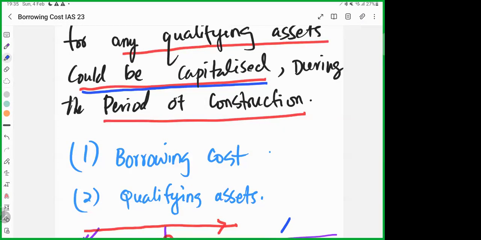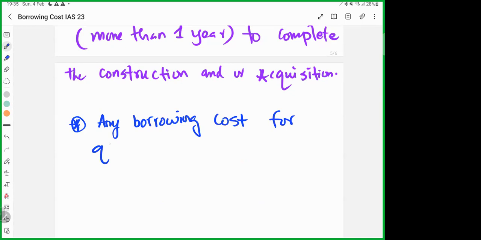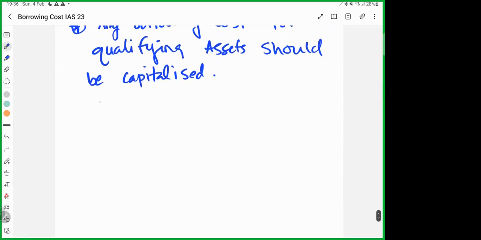So the criteria is any borrowing cost for qualifying assets should be capitalized. Yes or no? Yes. Okay. Now, what do you think the double entry will be then?